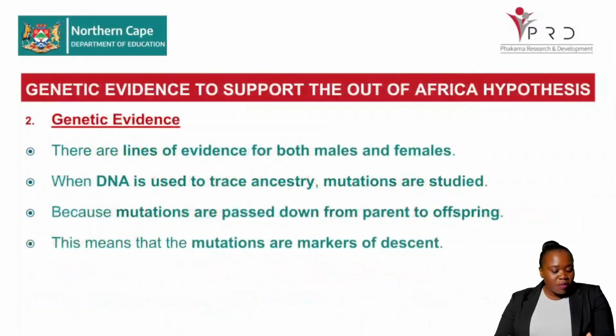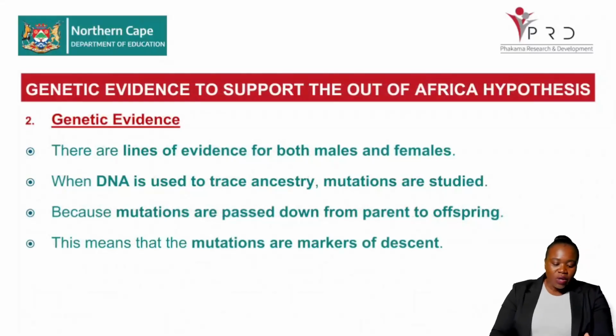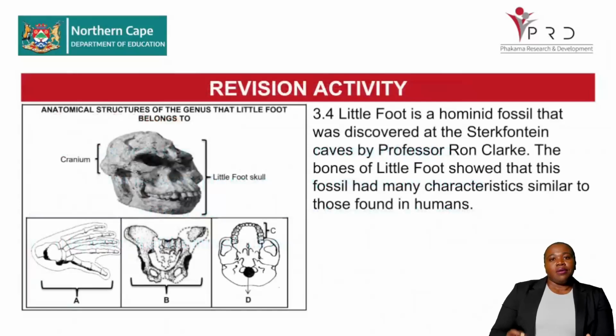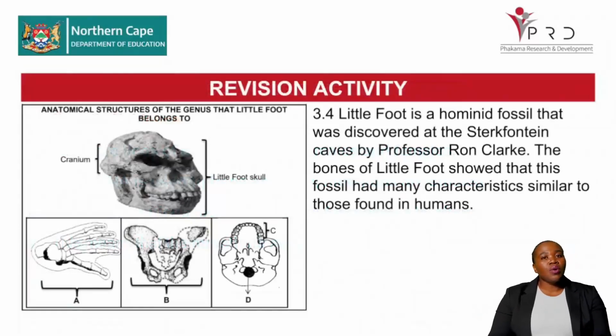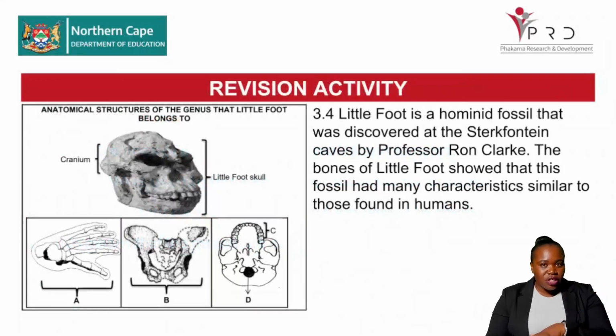You should also be able to give genetic evidence. In genetic evidence, remember, we look at the mitochondrial DNA that we found in females, that is only going to be passed on from one female organism to the next. The mutations in that are an indication of the out of Africa hypothesis.